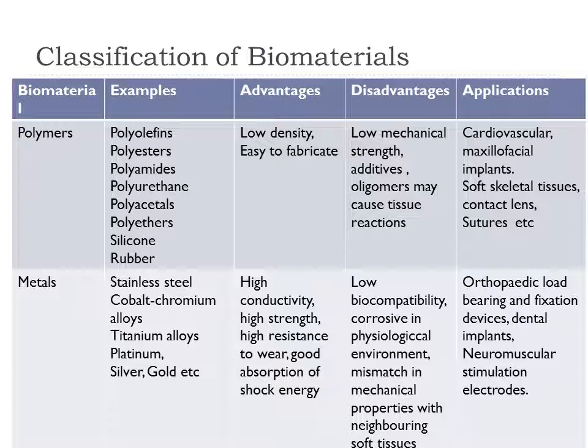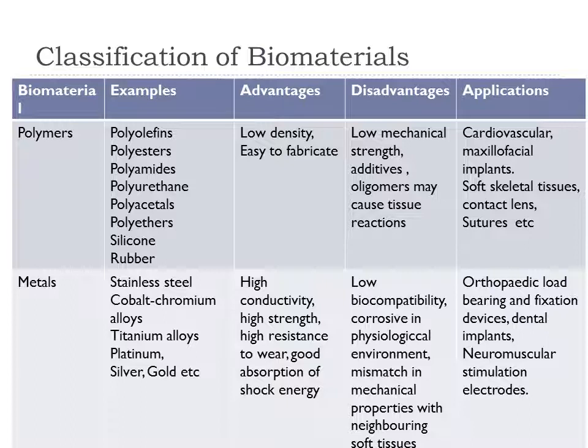So when they need to be expanded, they can expand, and once the tensile force is removed, the polymer can bounce back to its original shape. That's why polymers are used for these applications.